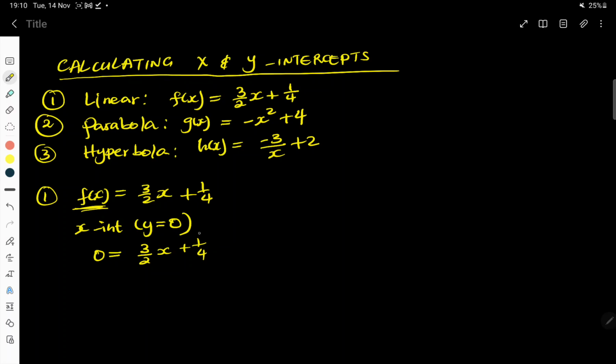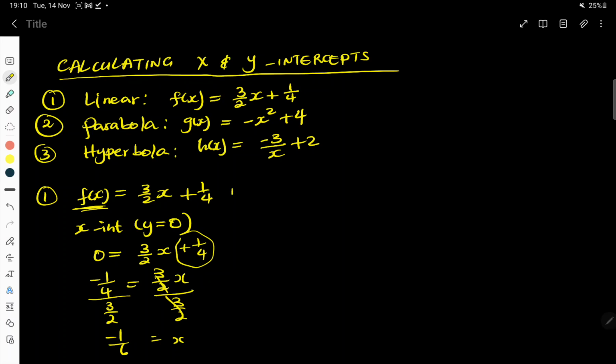Then you transpose the 1 over 4, so negative 1 over 4 is equal to 3 over 2x. Then you divide both sides by 3 over 2. It cancels, then x is equal to negative 1 over 4 divided by 3 over 2, which is negative 1 over 6. That is your x-intercept.